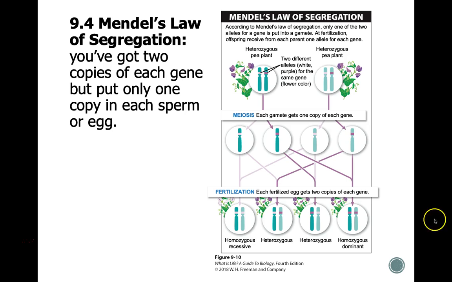Now, if you're homozygous, these individuals down here, the only option is for them to pass on the 1 allele to your egg or your sperm, so to the next generation. So this individual can only pass on the white allele. This individual can only pass on the purple. These 2 individuals, when they produce sperm or egg, could pass on either allele to the next generation.